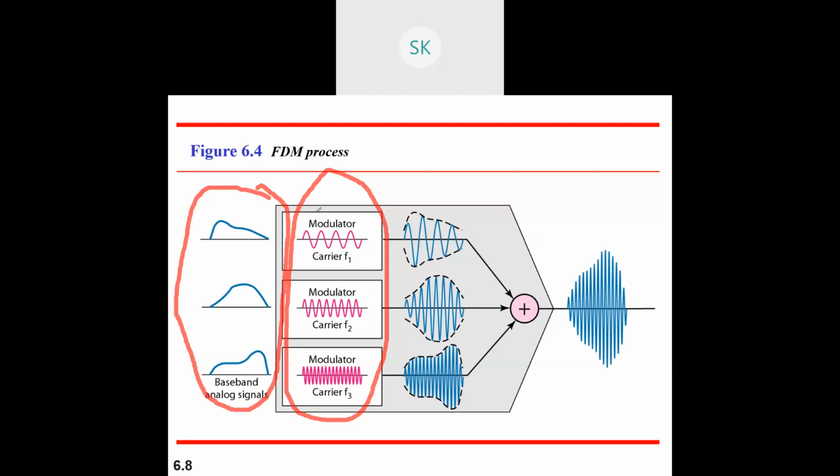So if you want to have a frequency division at that particular point of time, you'll be dividing the entire channel.